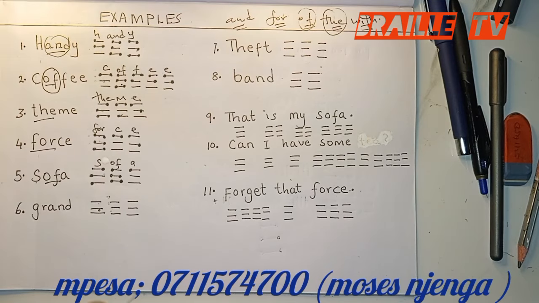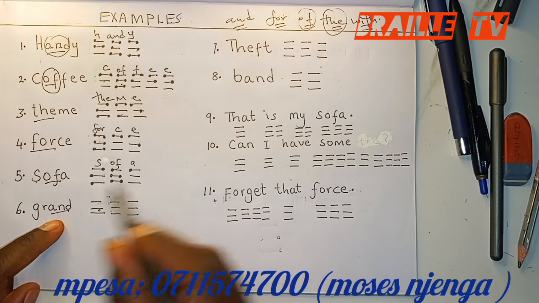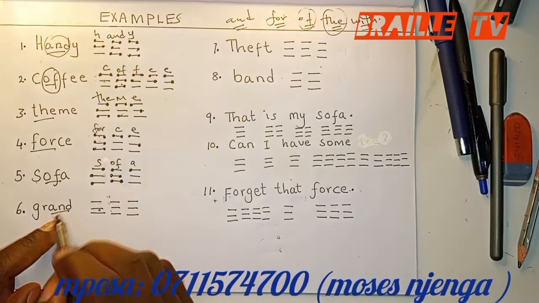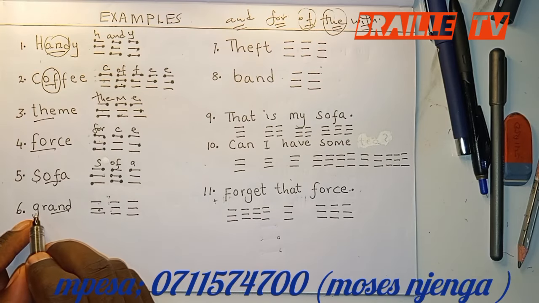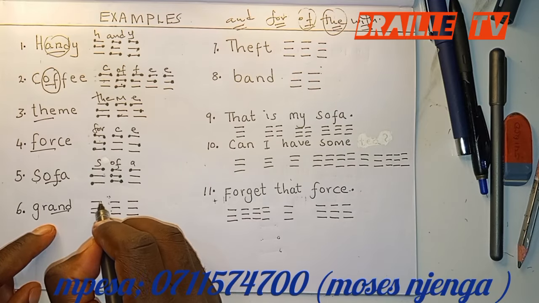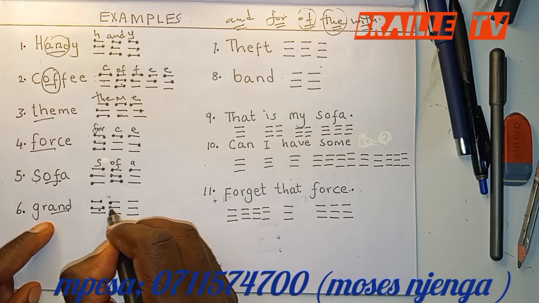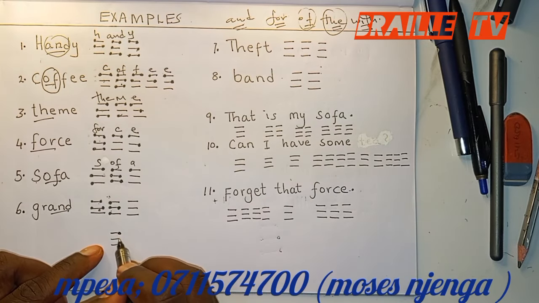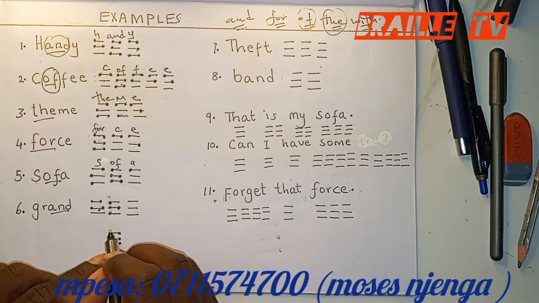Okay, that is it. Now we have the word grant. So grant, here we have "and", and it's among these words. So we are going to contract it, or use it as a group sign. So G, R, "and". We spell out G, written like this, and then we write R. I told you R is the mirror of W. Remember, I'm trying to repeat these things so that you can understand and get the difference between letter R and letter W. So this is W, okay?